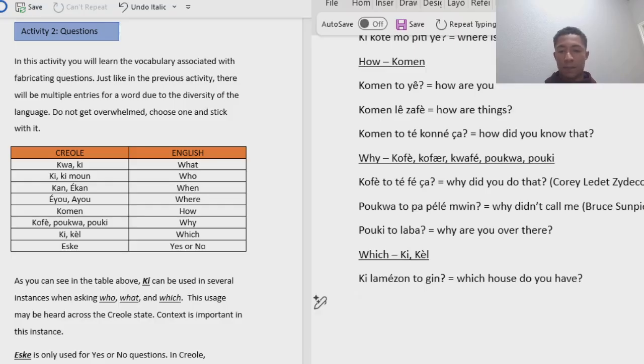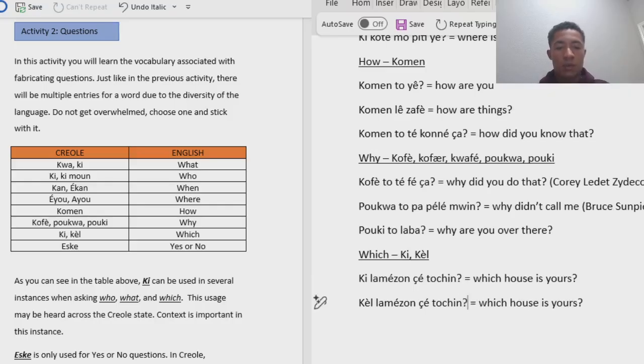Qui la maison ton gars? Or you could say that, quelle la maison ton gars? Oh, actually, let's use what we just learned. Quelle la maison, c'est Tochan. Which house is yours?